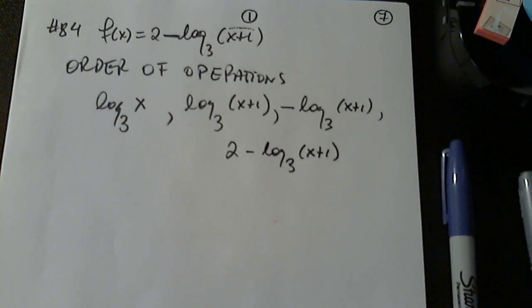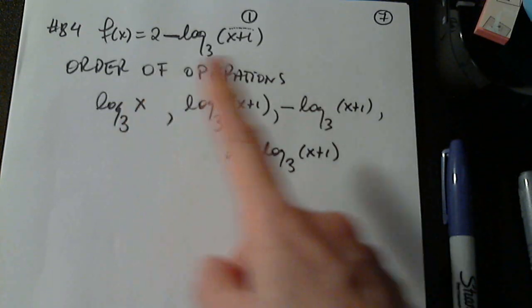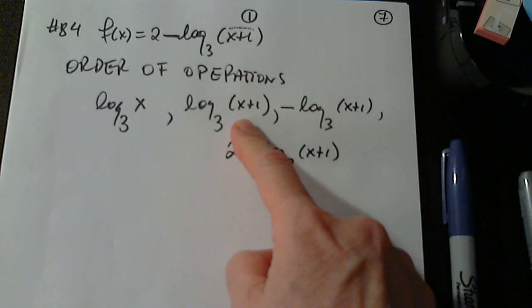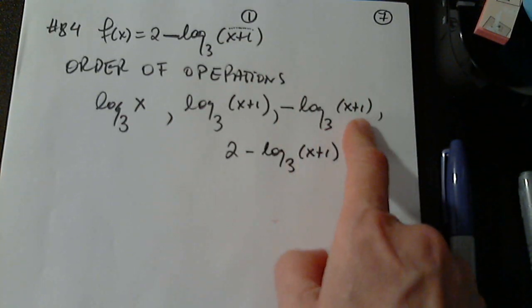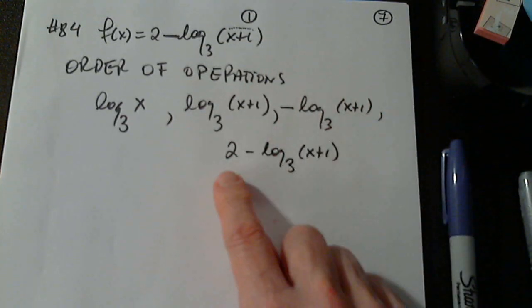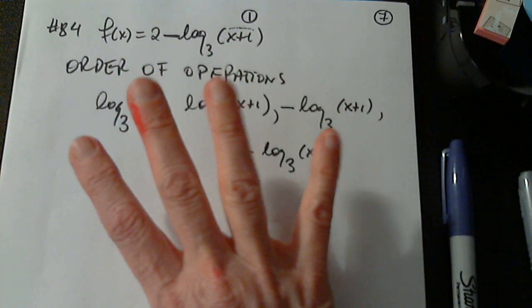I have to show all these graphs. The graph of log base 3 of x, the graph of log base 3 of x plus 1, the graph of negative log base 3 of x plus 1, and the graph of 2 minus log base 3 of x plus 1. I decomposed this function into 4 steps.